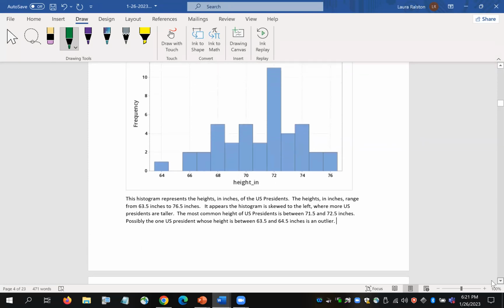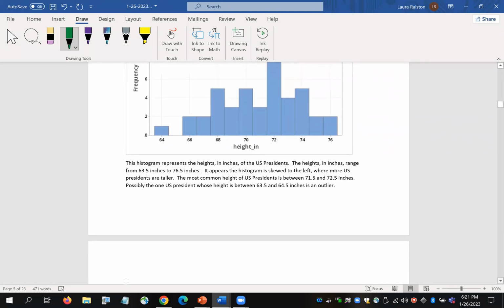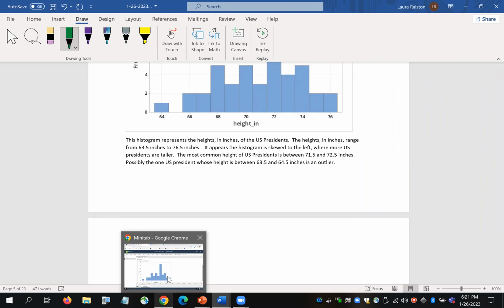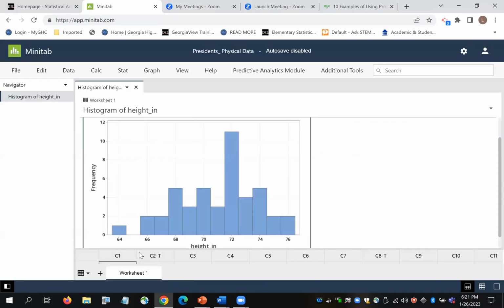Okay, then the next question you're asked is to create a box plot. We did not talk about the box plot the other day, last week, so I want to show you how to create a box plot. The box plot is also a graph.